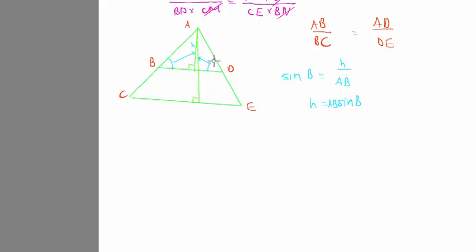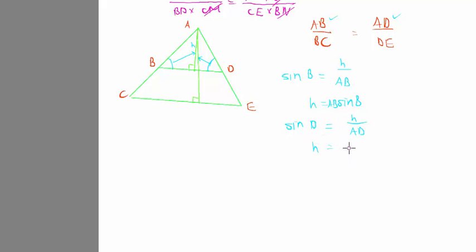And then for sine D, I get that sine of D is equal to the same thing, the height, that H, divided by AD. So notice there I've got my AB and my AD, and the height of these two are equal.